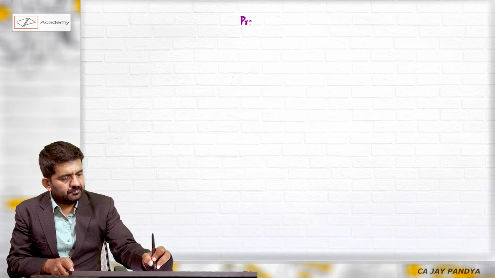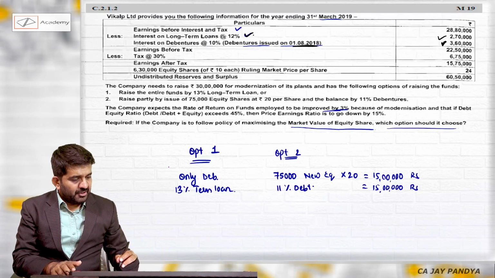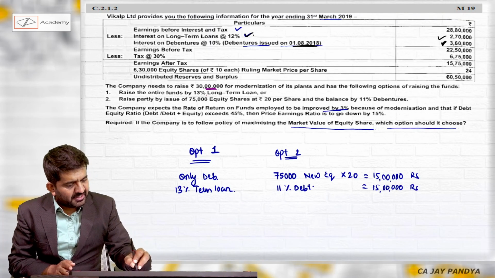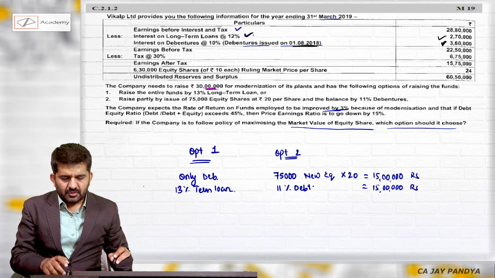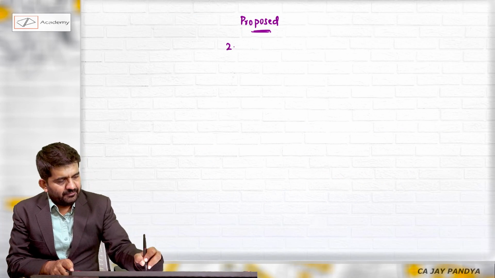What will be the proposed situation? See, current equity and debt are going to remain the same, but you will be raising additional capital of 30 lakhs.